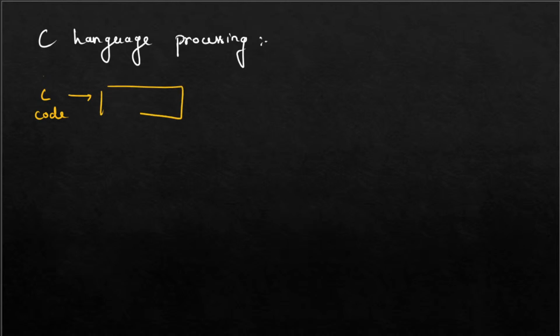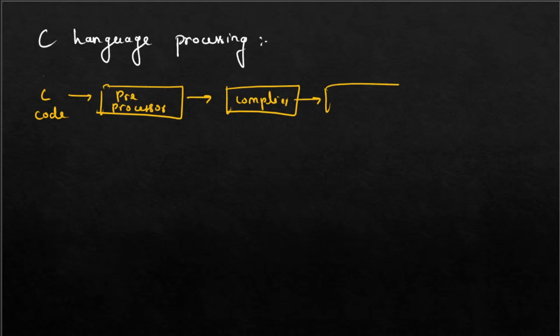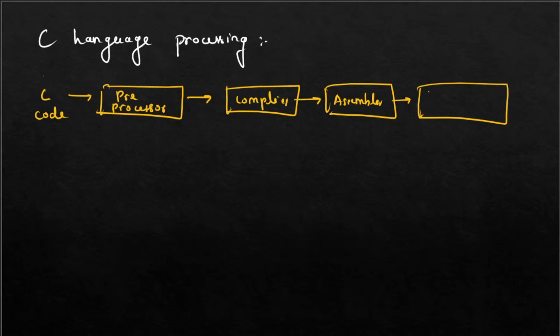After that some preprocessors are there. After that compiler is there. Then assembler is there. And then what is the step? Linker or loader is there.